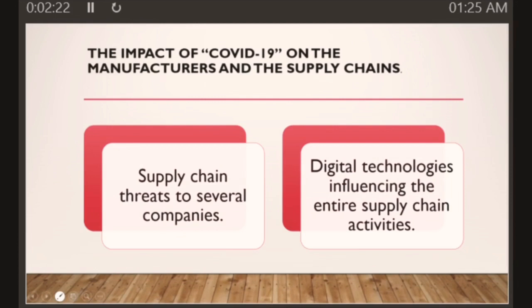And then the main one is the impact of COVID-19 on the manufacturers and the supply chain. So the first impact is supply chain threats to several companies. The pandemic has already posed supply chain threats to several companies, especially to those that are highly dependent upon China.